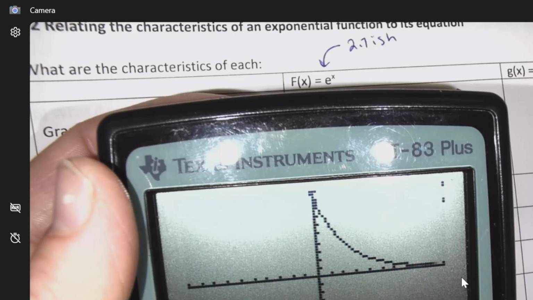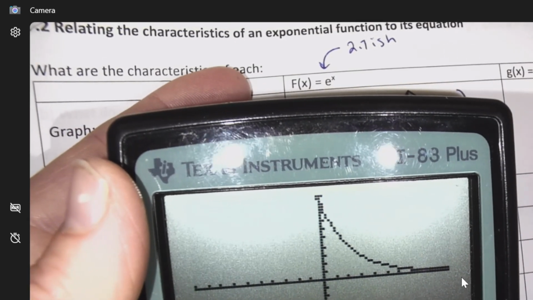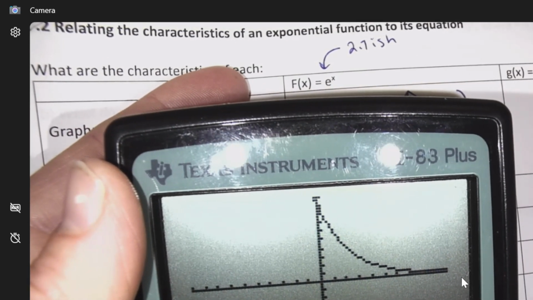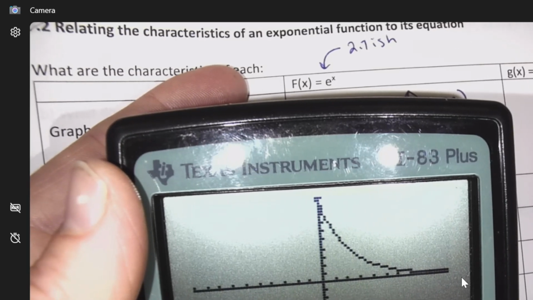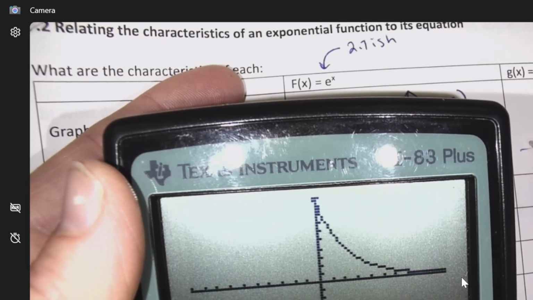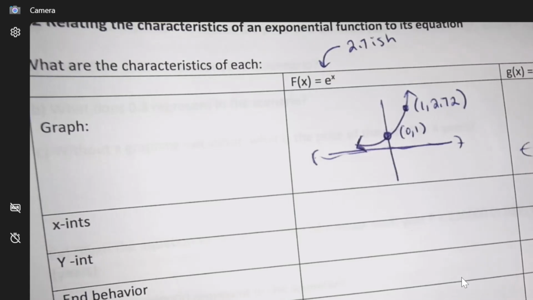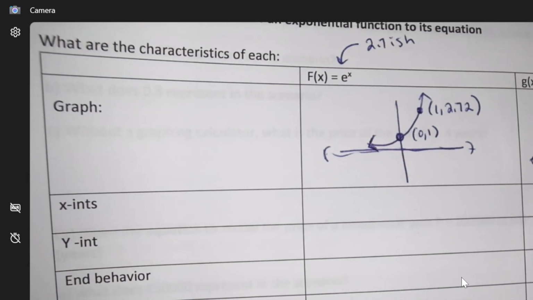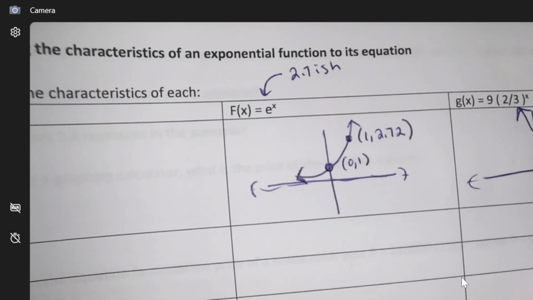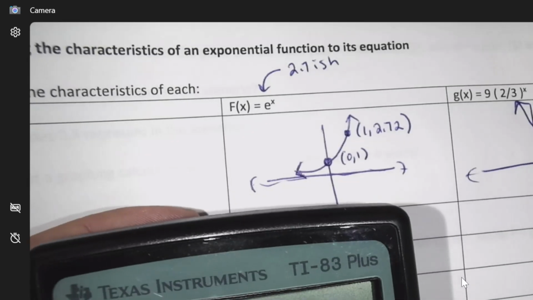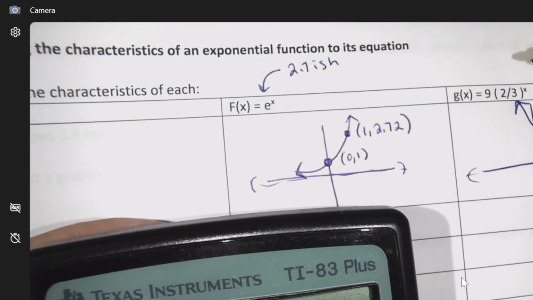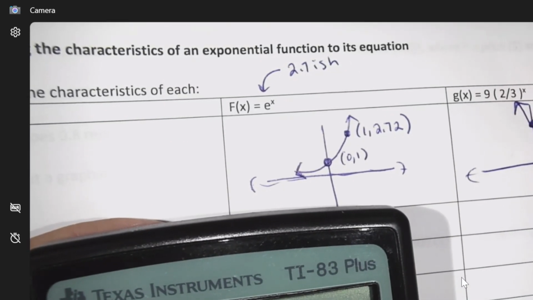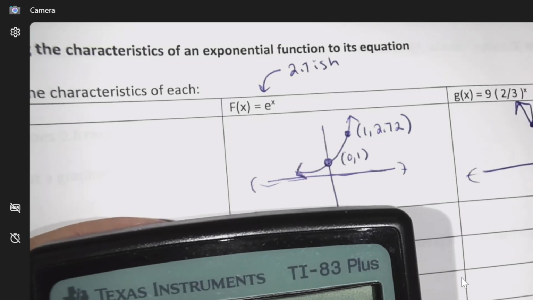And it decreases. This time it's looking like that. 0 comma 9. I already knew this before my calculator.